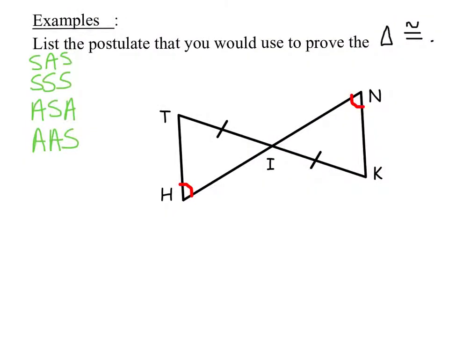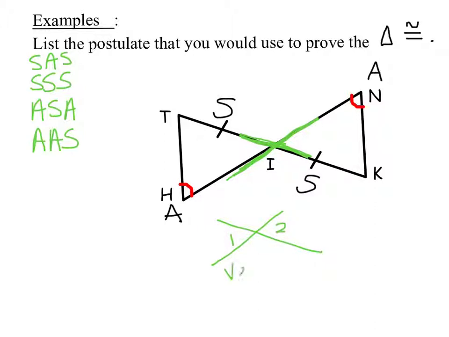We now have a total of 4 postulates that we could use to prove these triangles congruent. When I look, right now, I have a side to a side and an angle to an angle. So I need to look and see, are there any other sides or any other angles that I also know to be congruent? And this takes us back to our X shape. I see that X shape, which means I have what kind of angles?